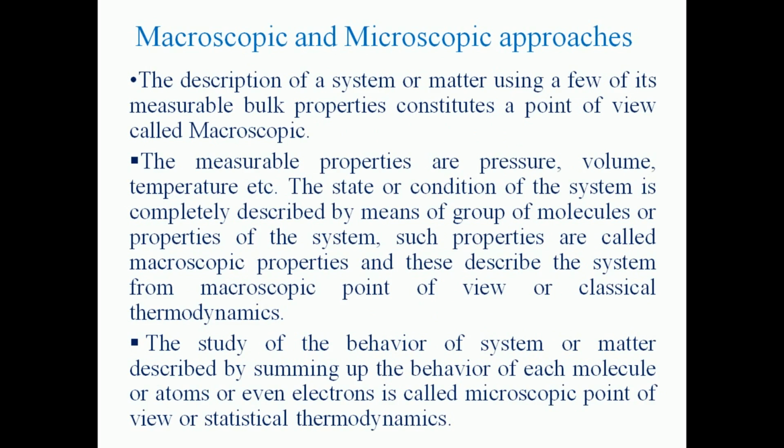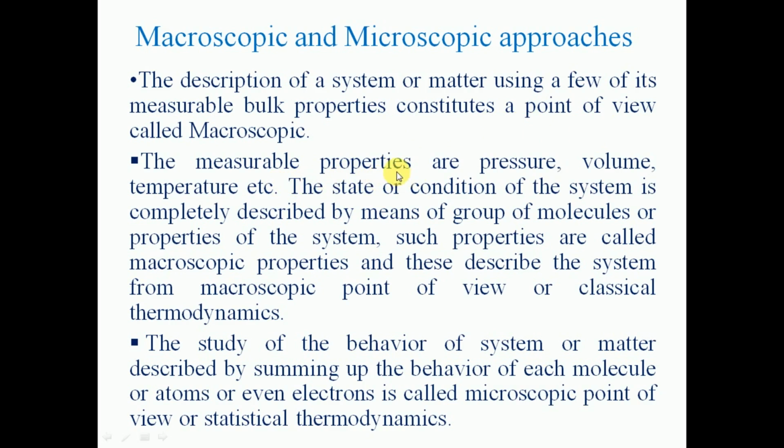Continuing, the study of this energy interaction may take place from two points of view or two approaches. Those are macroscopic and microscopic approaches. First we'll take the macroscopic approach. The description of a system or matter using a few of its measurable bulk properties constitutes a point of view called macroscopic.